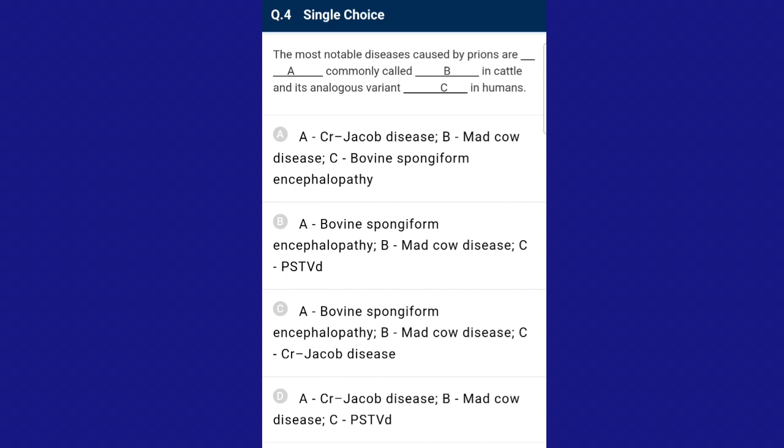These agents were called prions. The most notable diseases caused by prions are bovine spongiform encephalopathy, commonly called mad cow disease in cattle, and its analogous variant Creutzfeldt-Jakob disease, that means CJD, in humans. So the answer is option C.